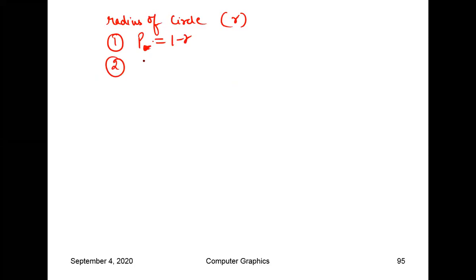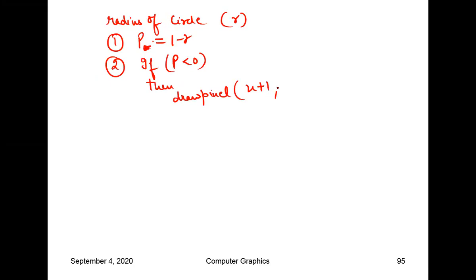After calculating p, we have to compare p with 0. If p is less than 0, then the next point to be drawn is x plus 1, y. So x is 0 to start with, so it will be 1, and y will remain the same.